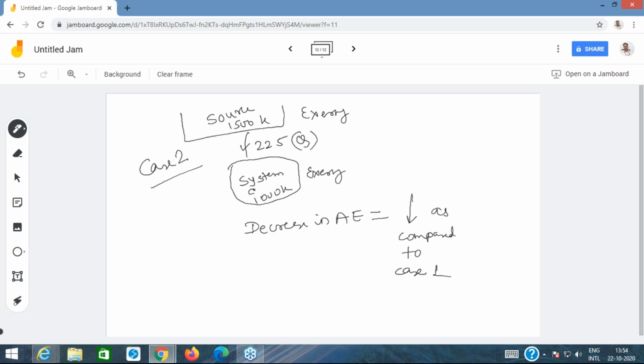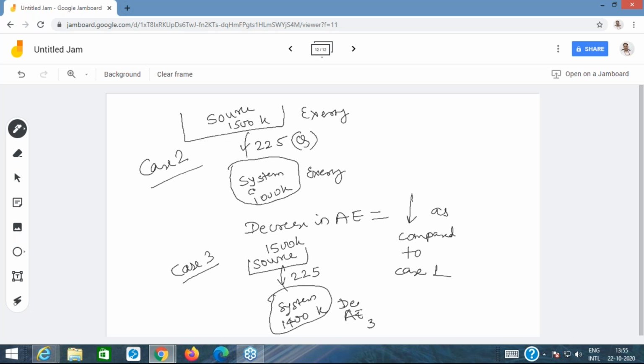If you do case 3, wherein again you take the same heat value, the source is at 1500 Kelvin, and the system which is receiving the heat is at, let us say, 1400 Kelvin, and the heat transfer remains the same, you will find that the decrease in unavailable energy for case 3 would be less than the case 2 decrease, and this would be less than the case 1 decrease.